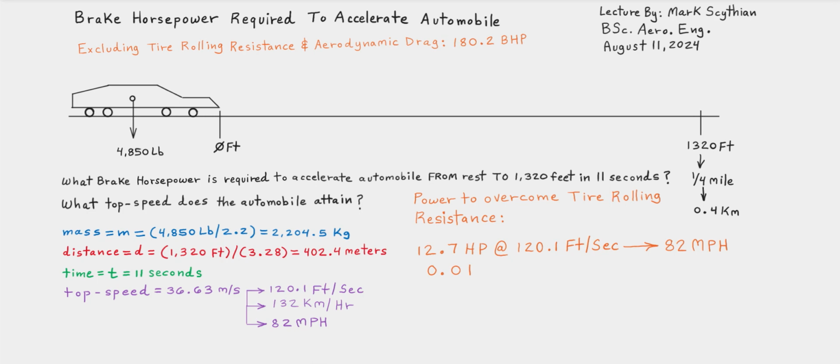So the power to overcome tire rolling resistance at rest is 0 horsepower, or at 0 feet per second, or 0 miles per hour.